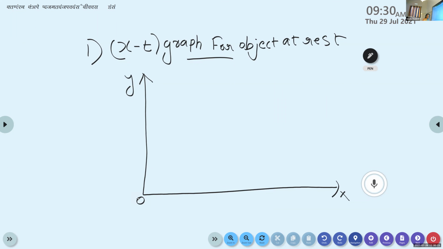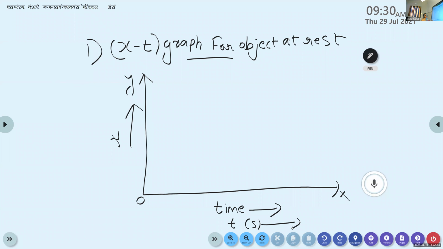And for every graph, the physical quantity time is taken along the x-axis, and on the y-axis we have position. Position is taken along the y-axis, and the time t in seconds is taken along the x-axis.